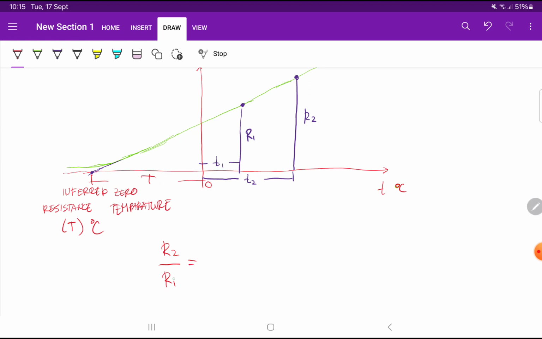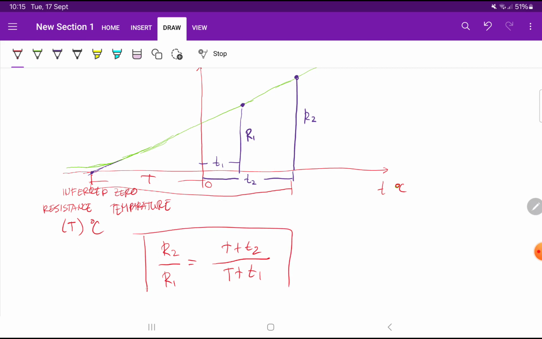So R2 over R1 is equal to the base for the larger triangle, which is T plus T2, over the base for the smaller triangle, which is T plus T1.